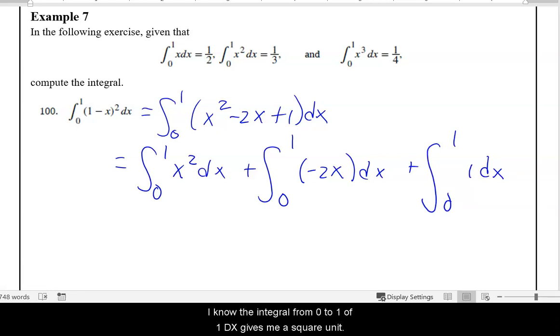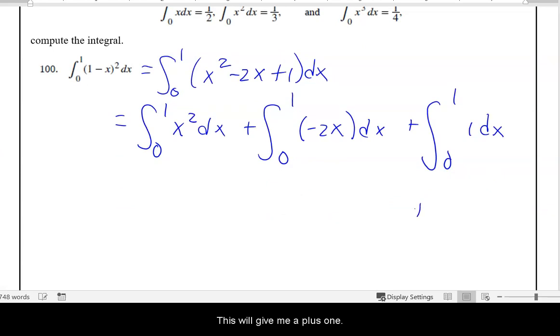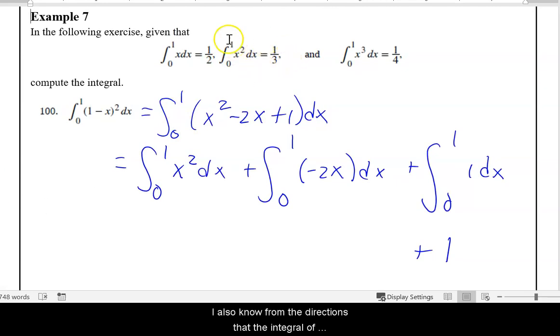I know the integral from 0 to 1 of 1 dx gives me a square unit. This will give me a plus 1. I also know from the directions that the integral of x squared dx from 0 to 1 is 1/3.